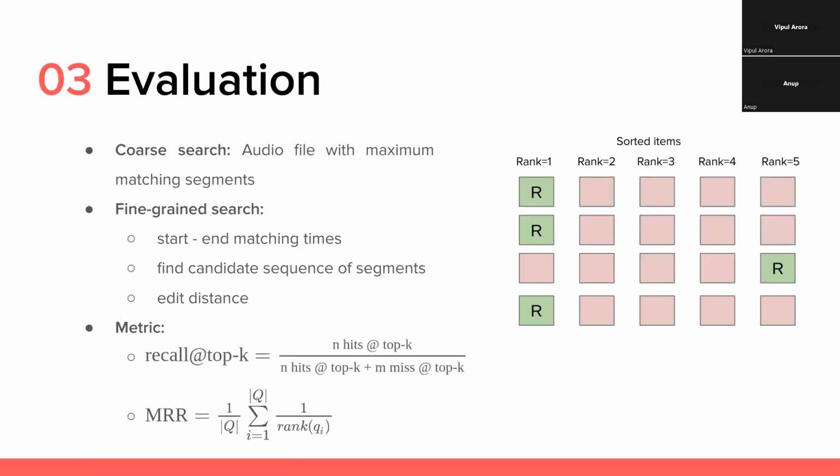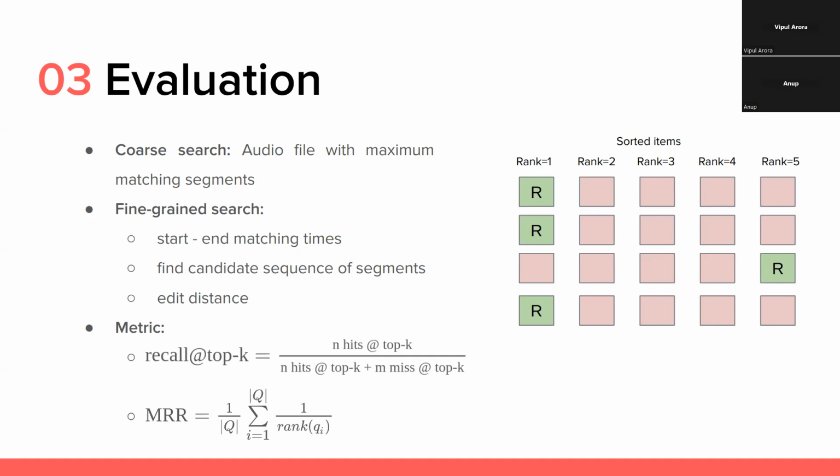And how do we evaluate the fingerprinting methods? There are basically 2 tasks. The first task is that given a query, you need to identify which audio file it comes from. This means coarse search. You just broadly need to know which audio file this query is coming from.